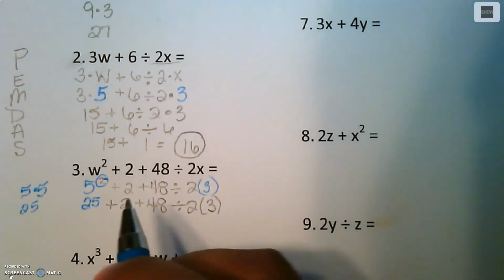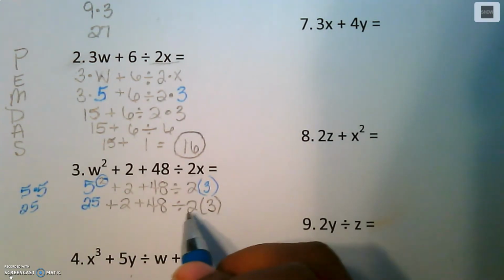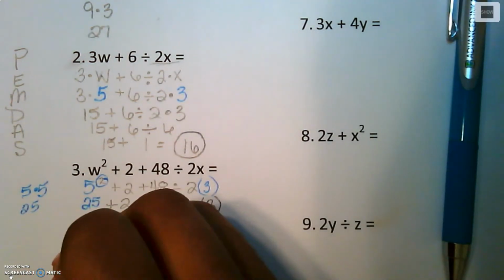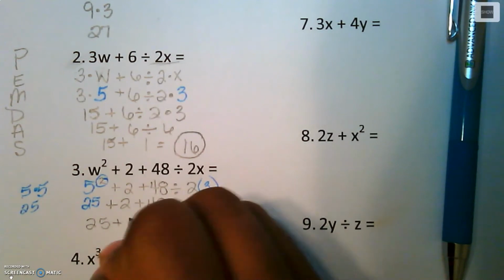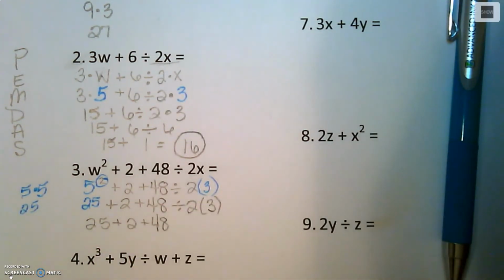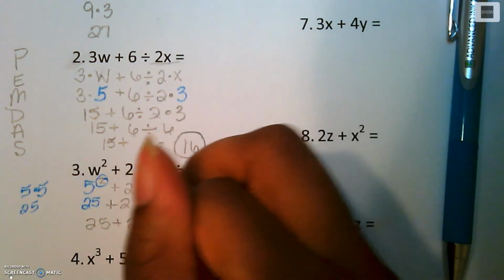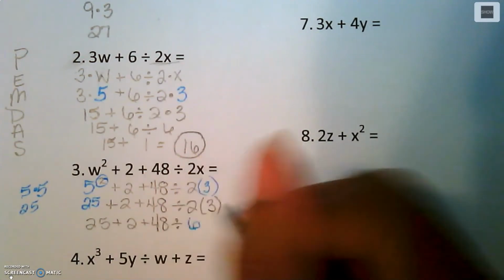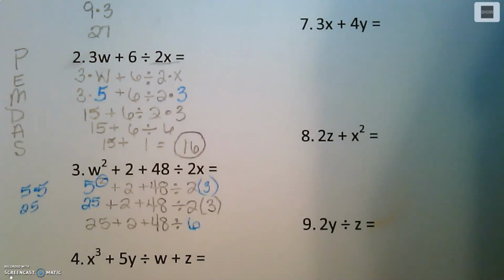The next thing I do is 2 times 3. So the first thing we're going to do is rewrite everything else. 25 plus 2 plus 48 divided by, and then 2 times 3 is 6. So now I have 25 plus 2 plus 48 divided by 6.